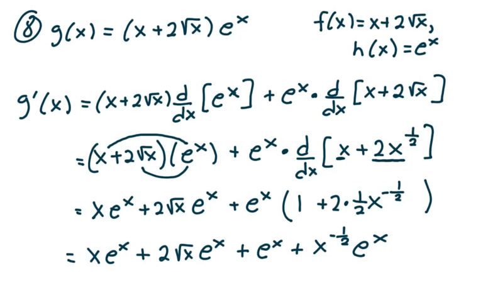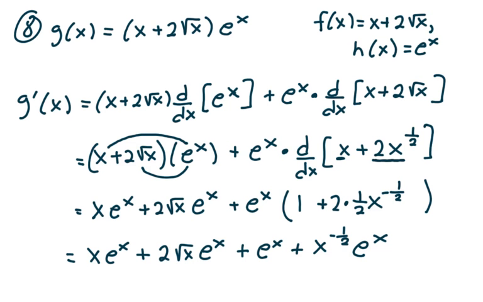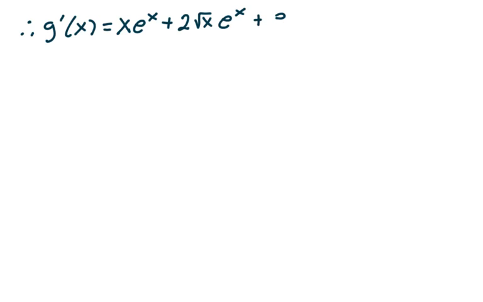And so therefore, g prime of x is equal to the following. I get x e to the x plus 2 square root of x e to the x plus e to the x plus e to the x divided by x to the 1/2.